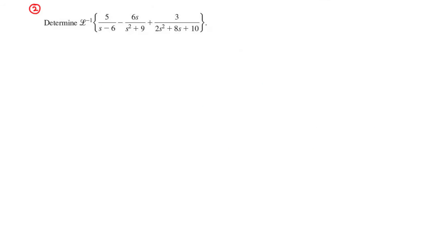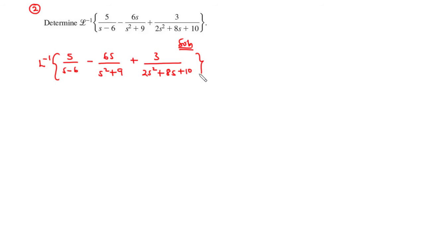Now for the second example, we are going to find the inverse Laplace transform of this function. So we have the inverse Laplace transform of the function 5 over s minus 6 minus 6s over s squared plus 9 plus 3 divided by 2s squared plus 8s plus 10.